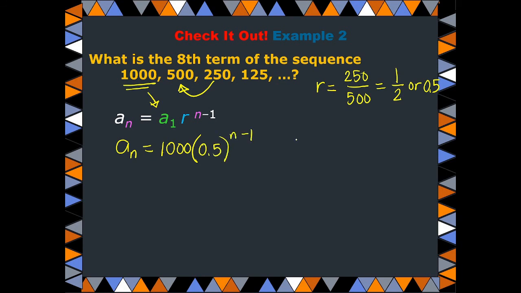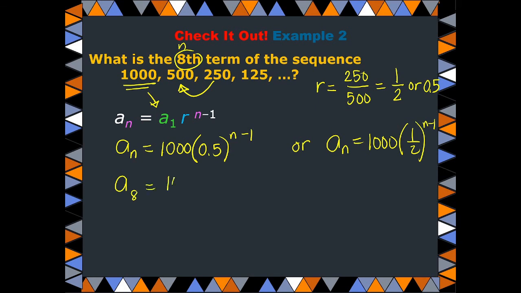N minus 1. Sir, can I have the fraction form? Yes, you can. So a sub n is 1,000 times 1/2 raised to n minus 1. But in my example here, I'll be using 0.5 in my solution. The value of n is 8. Okay, this is a sub 8.